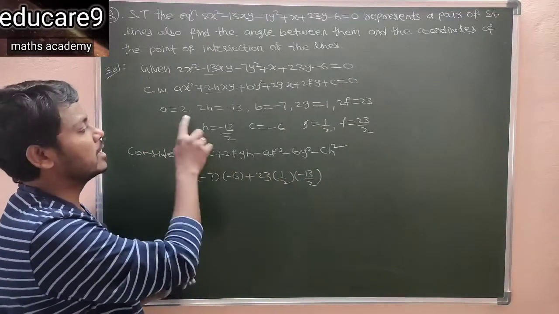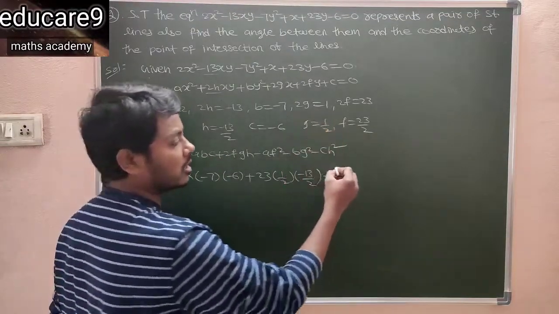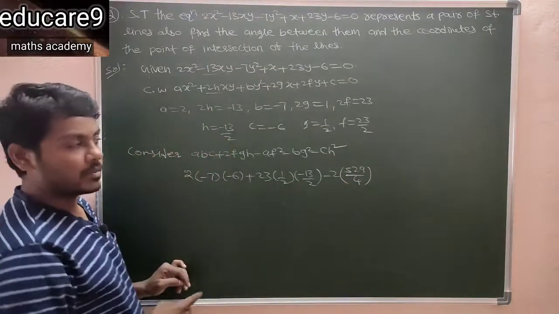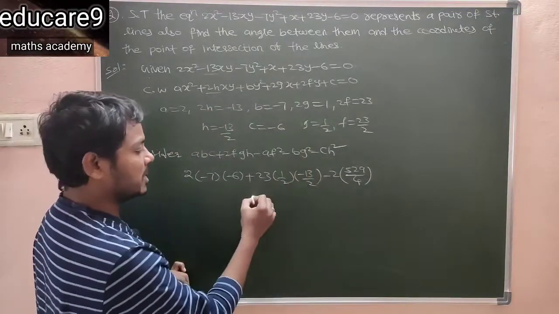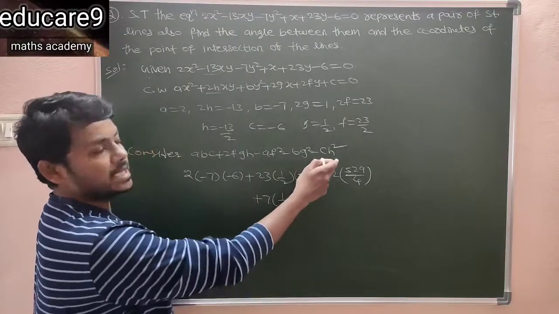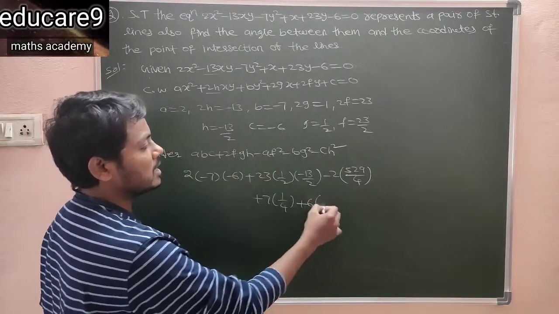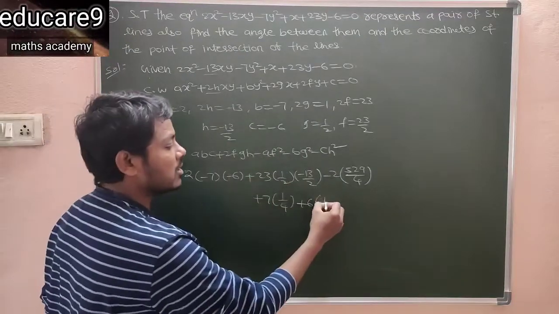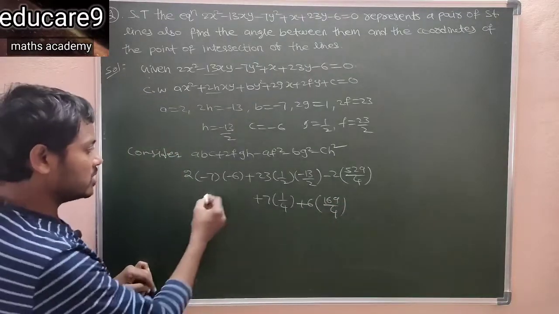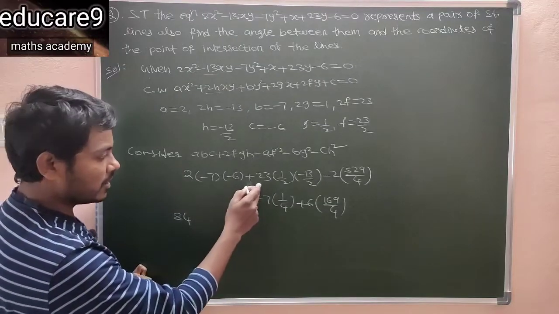What is A? 2. Minus 2 into F square, 23 whole square, that is 529 divided by 4. Next minus BG square, that is plus 7 into G square value, 1 by 4. Minus CH square. C value is minus 6, you will get plus 6 H square, that is 169 by 4. Okay. Now this is what? 84. Next this one.